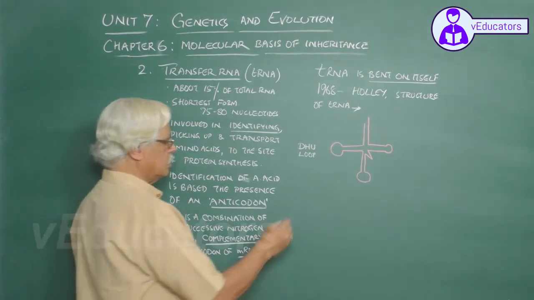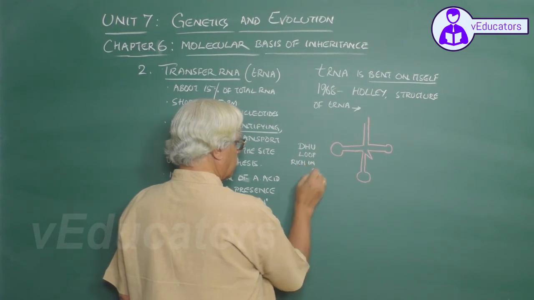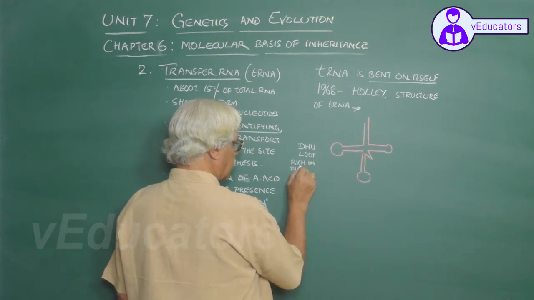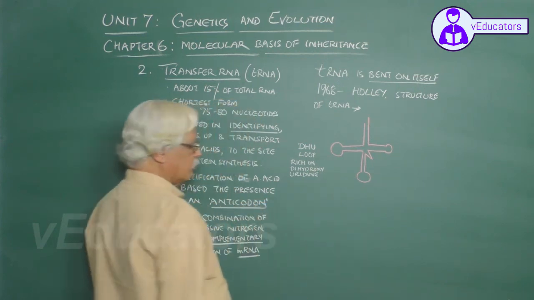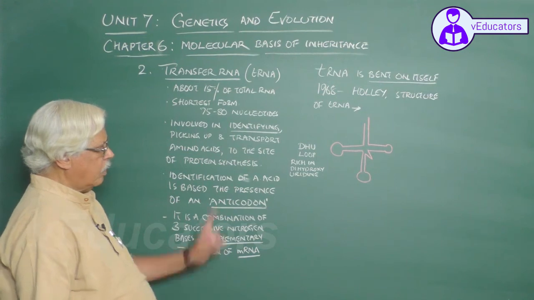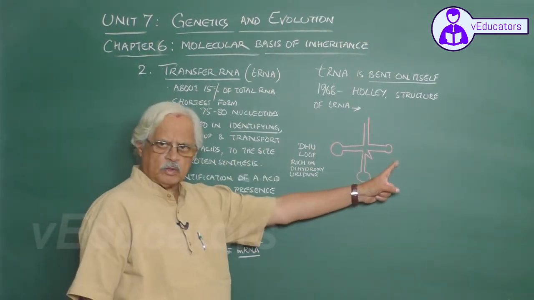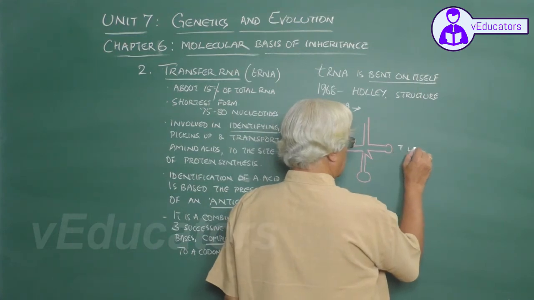The DHU loop is rich in dihydroxyuridine. More of uracil is present there. Diagonally opposite to the DHU loop is a T loop.